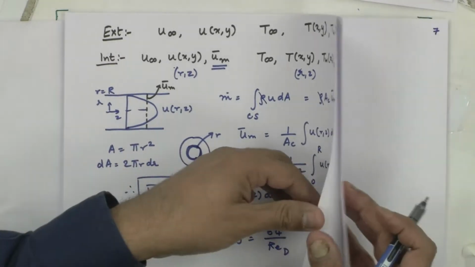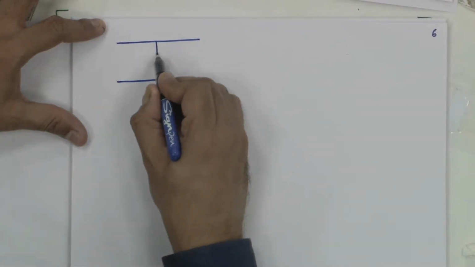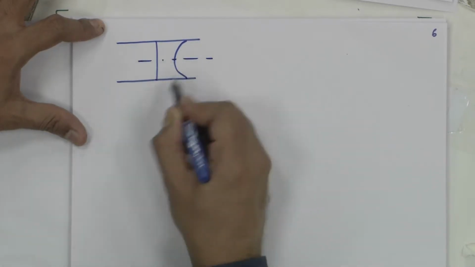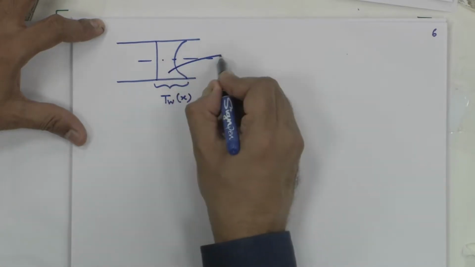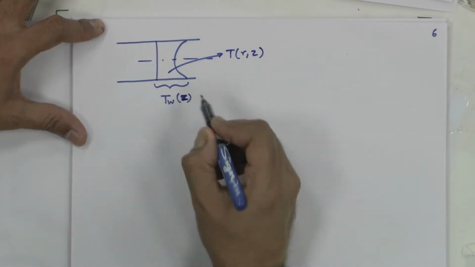What is this bulk mean temperature then? Bulk mean temperature or mixing cup temperature is nothing but, it is a very simple concept. You have a temperature profile which is like this. T wall, which is a function of x, T local, which is a function of r comma z, I will call this z, sorry.